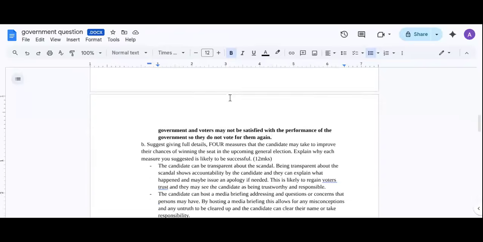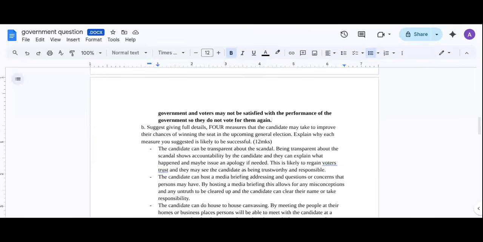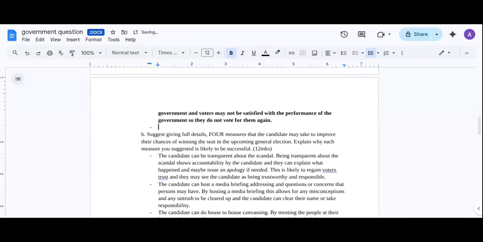Right. Suggest, giving full details, 4 measures that the candidate may take to improve their chances of winning the seat in the upcoming general election. Explain why each measure you suggested is likely to be successful. We see that's for a whopping 12 marks. So that means 2 marks for each measure and 1 mark for each explanation.